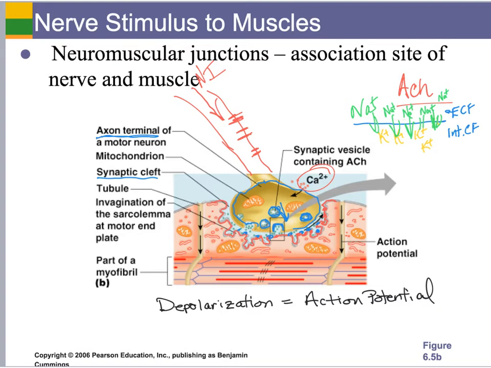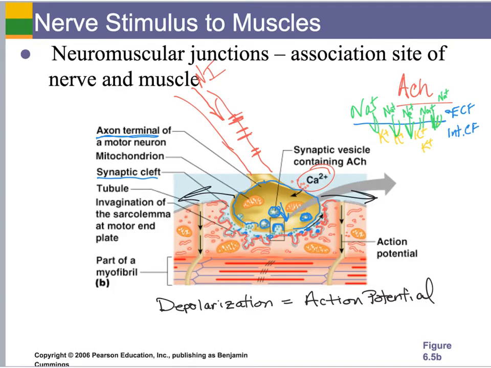And that binding of ACH to its receptors is what triggers the change in permeability of the sarcolemma. So sodium's rushing in, and this is happening from that point at the motor end plate. It's happening from there out in all directions, both directions simultaneously, across the entire muscle fiber. So it's kind of like a chain reaction.